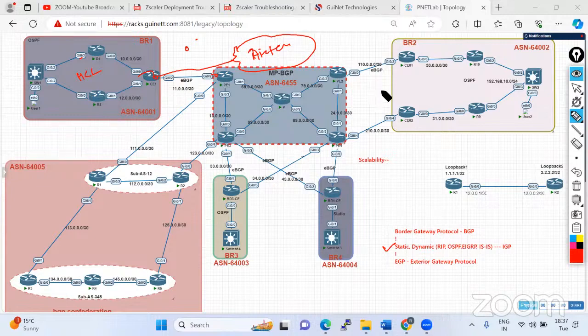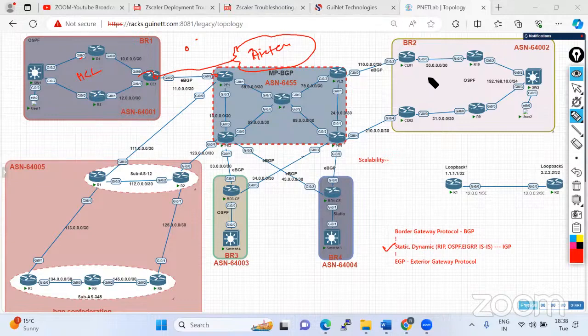So BGP is the Border Gateway Protocol, standardized as an exterior gateway routing protocol, and it has the responsibility to exchange routing and reachability information between two different AS, two different autonomous systems, over the internet, within organizations, or over two internet provider circuits. This could be anything, right?